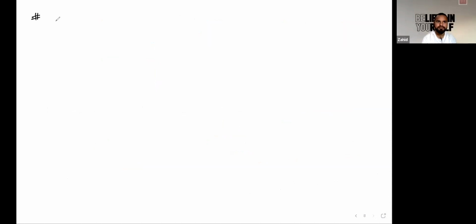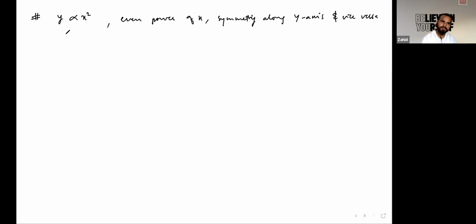Now next is y proportional to x square. Just remember, an even power of x will give a symmetrical curve along the y-axis, and vice versa. So this particular graph defines a parabola.